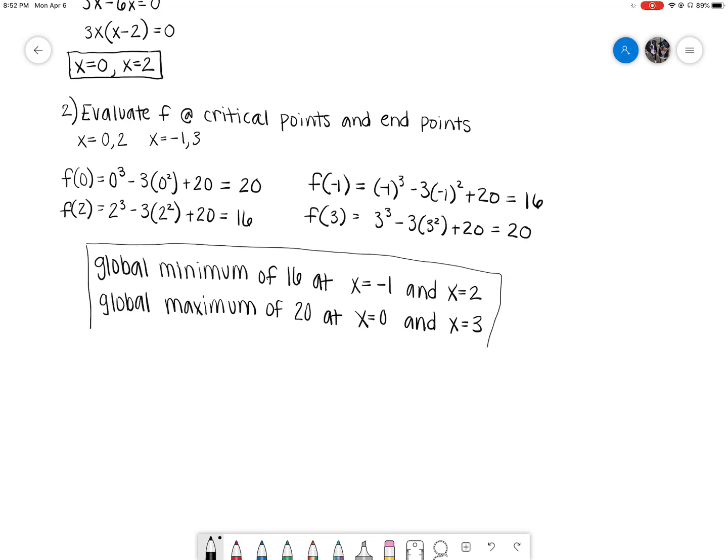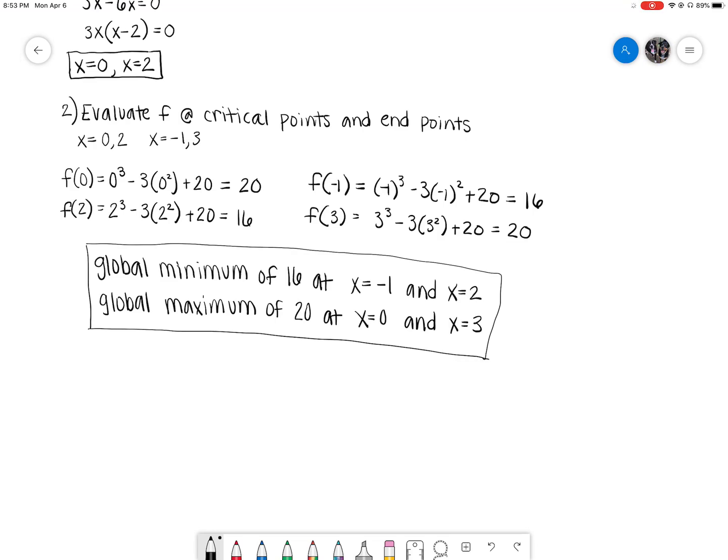And when I chose this example, I didn't know that this was going to happen when I worked it out, but I ended up keeping it because this does show an important thing: you can have more than one location where the global min or global max is reached. So if you come across this situation when you're working through this on the homework or on a test, it is okay. A little weird and not what we're expecting, but okay.